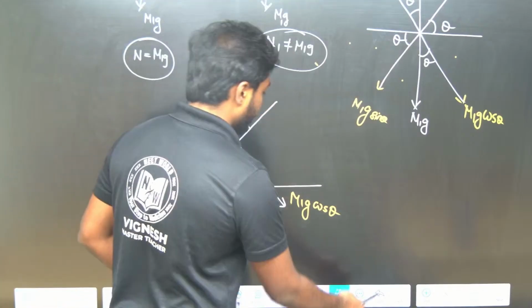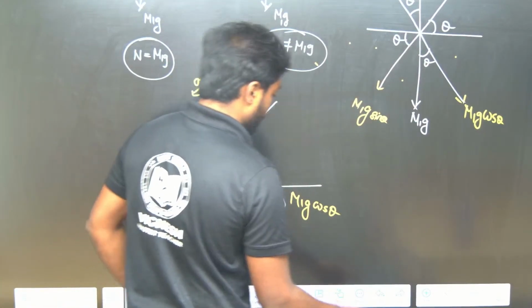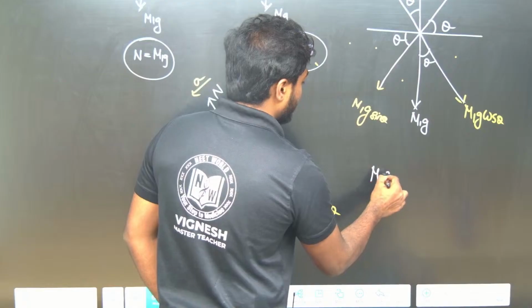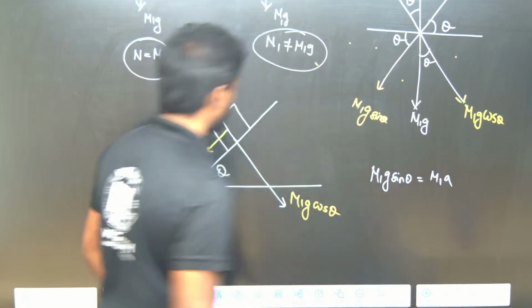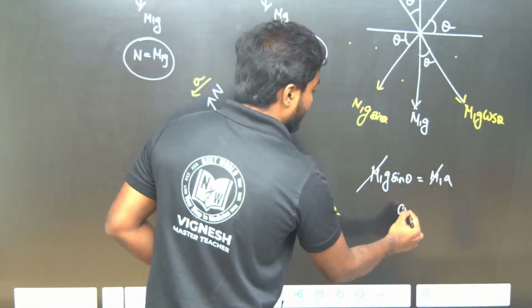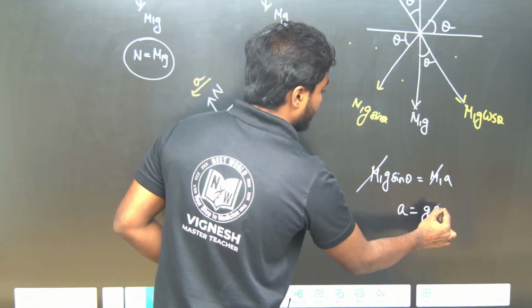Can I say M1G sin theta will be equal to M1A. That's it. M1 is the mass, M1G sin theta is the force acting in the direction of acceleration, no other forces. So it will be equal to M1A. Now M1 will get cancelled. A will be equal to G sin theta.